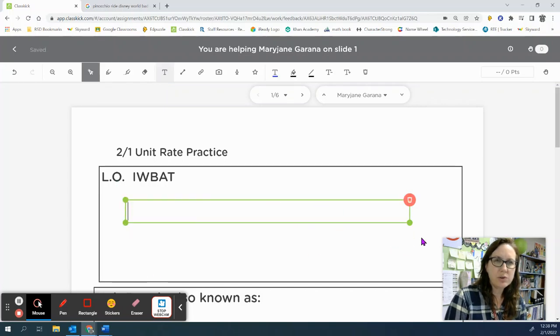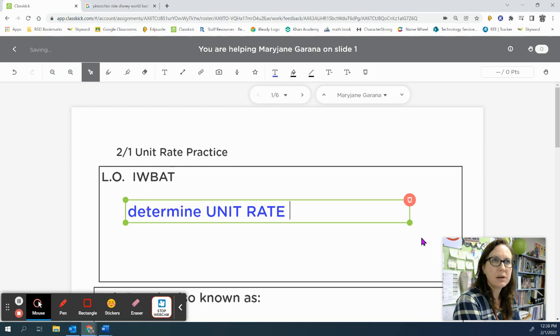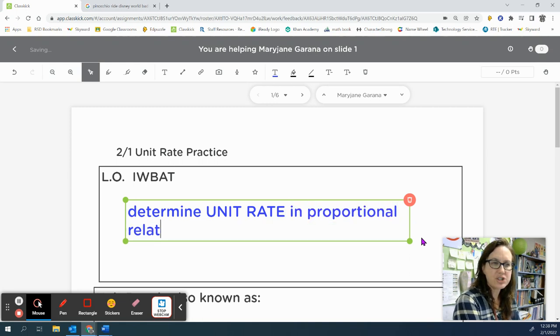We are going to use this as an Edpuzzle, but also if you did not get this assignment done, this can be used as your video for completing this assignment. So our learning objective for this particular assignment was: I will be able to determine unit rate in proportional relationship situations.